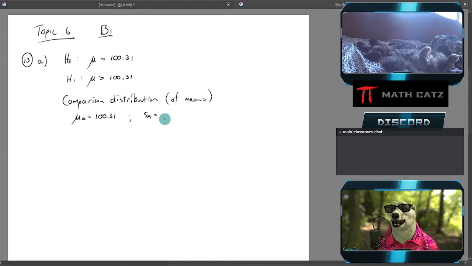S is 2, the sample standard deviation, but adjusted to the distribution of means, as we always do for a sample greater than 1, is to take the sample standard deviation and adjust it by dividing by the square root of the sample size. In this case, we have a nice sample size, so this is a convenient calculation. 2 over 4 is 0.5. Otherwise, go to your calculator and calculate whatever it may be.